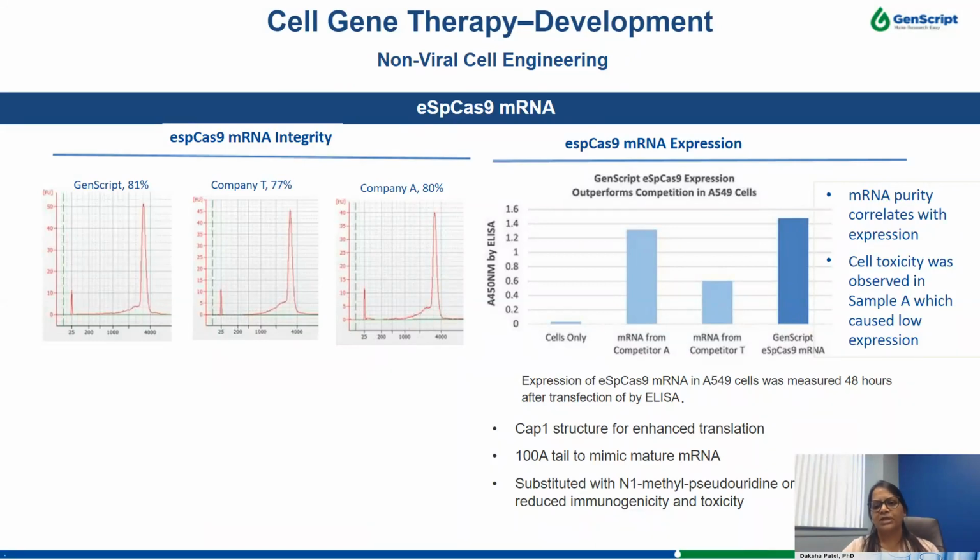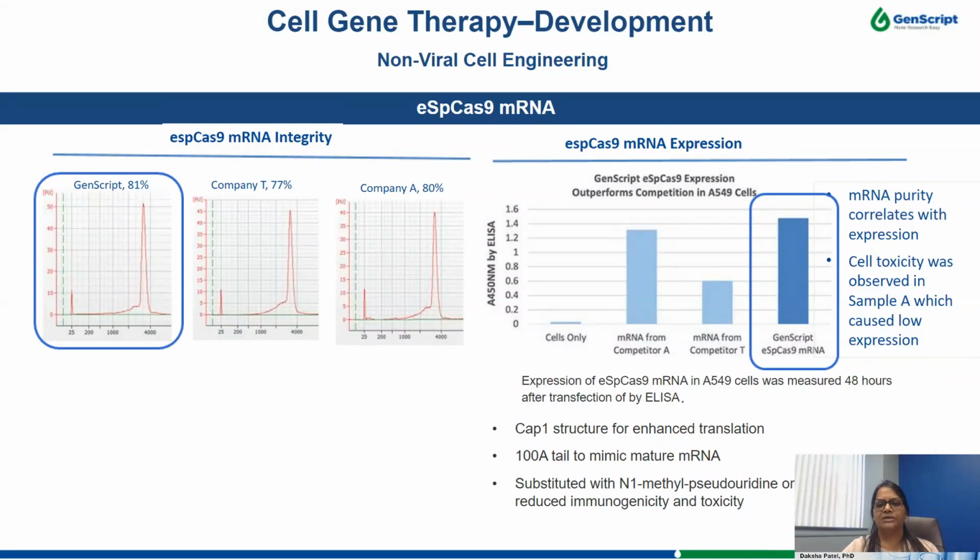So here is the preliminary data where Cas9 mRNA was used for the same purpose. And as shown in the figure, mRNA integrity impacts its expression, so high integrity supports high expression for the Cas9 mRNA system.